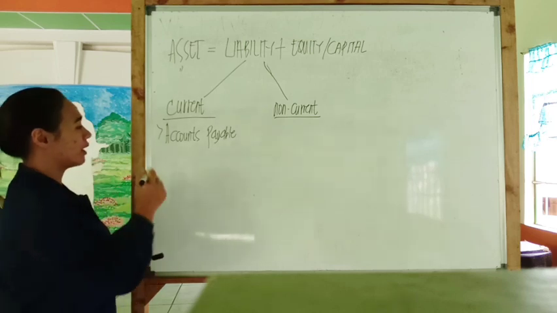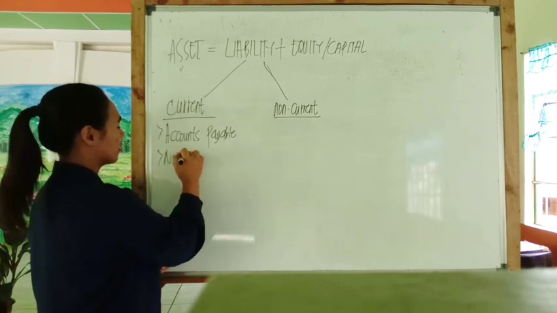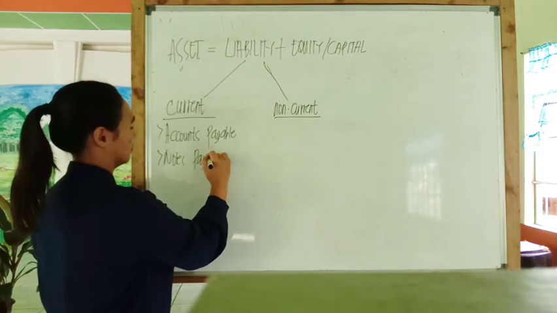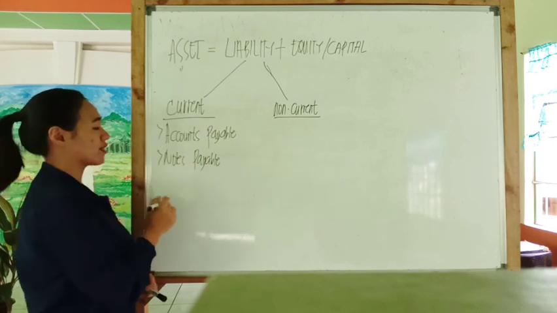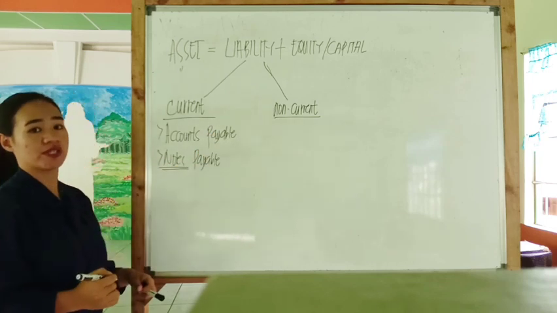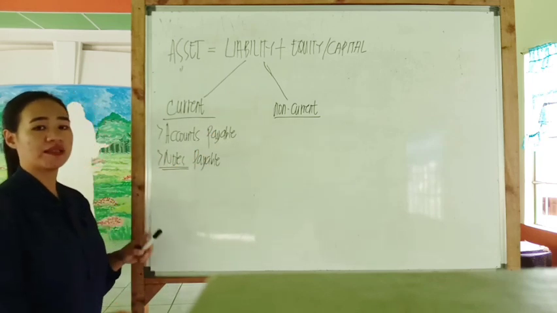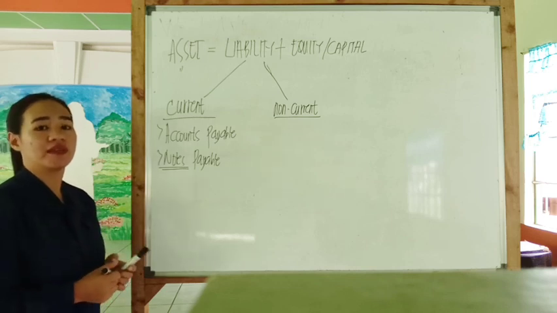And then another one, you have your notes payable. Again, the difference of these two is the presence of notes. Gagawa ka ng promissory note. Halimbawa, your business is named Red.